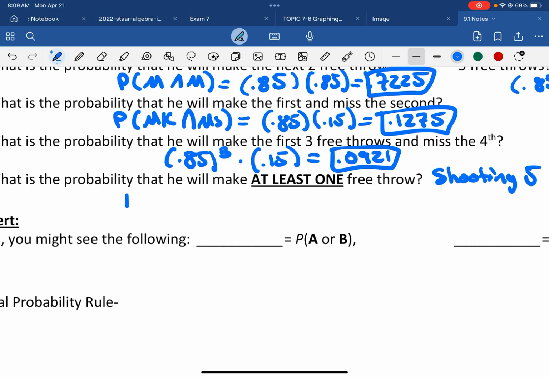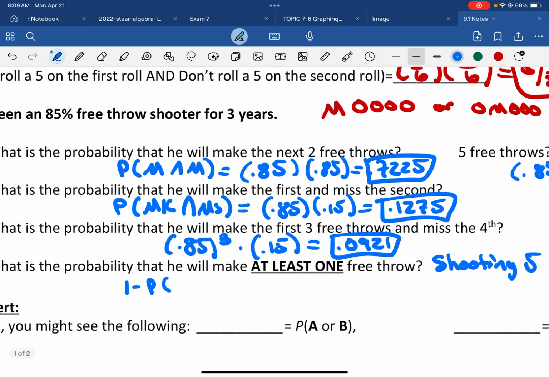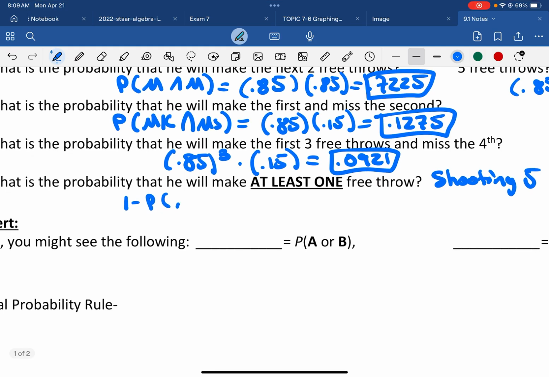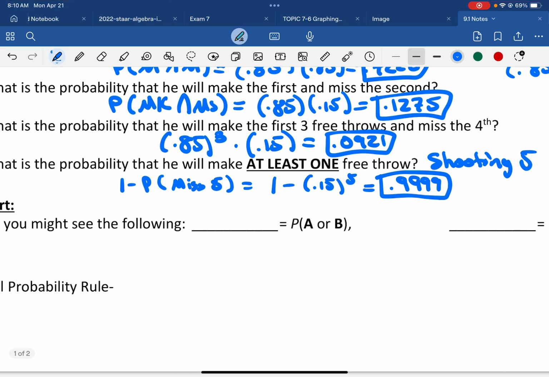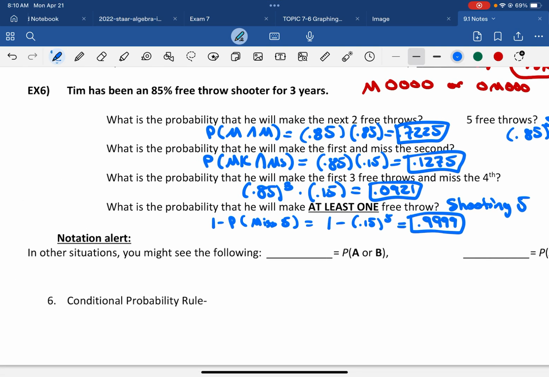So I think of this as 1 minus the probability of missing 5, so 0.15 to the 5th power, subtract that from 1, and then he has a 0.999 chance of making at least 1 because we used the complement. Okay, that is much, much easier.